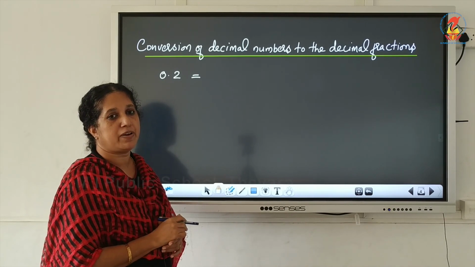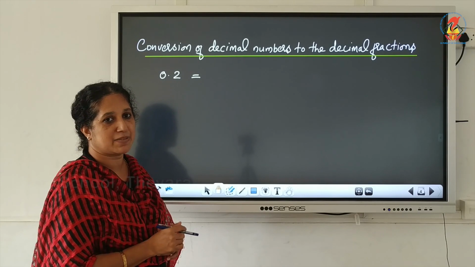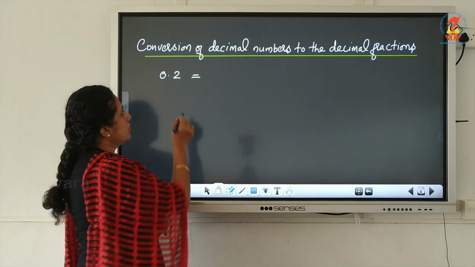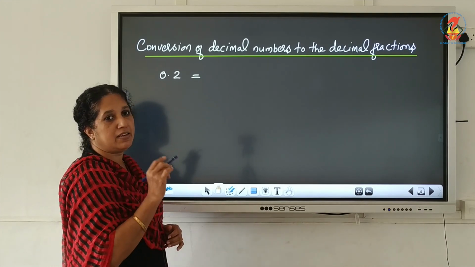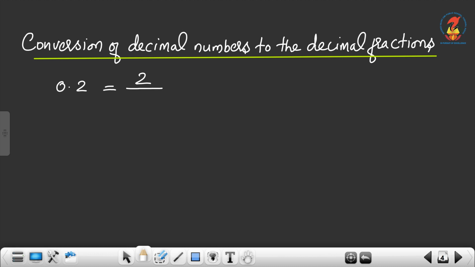That means you have to find out the number of decimal places in the decimal number. So 0.2 has only 1 decimal place. Therefore we can write it as 2 by 10, putting one 0 after 1. Count the number of decimal places and give that many zeros after 1.